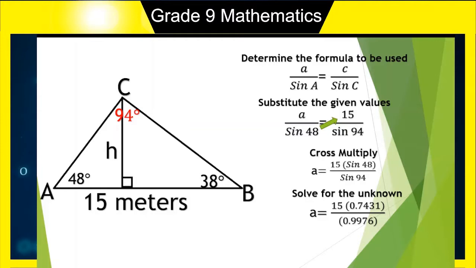Sine 48 will give us 0.7431, and sine 94 will give us 0.9976. Then you solve for A by multiplying 15 times 0.7431 all over 0.9976, which gives us 11.17 meters. So the value of side A is equal to 11.17 meters.